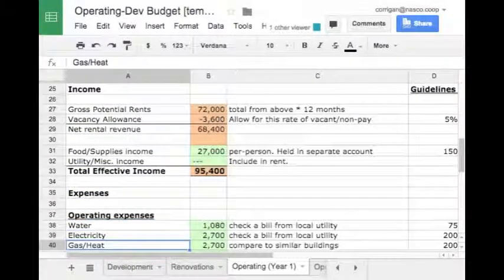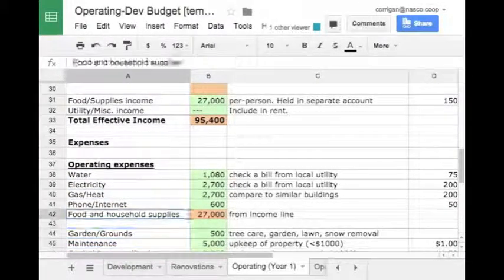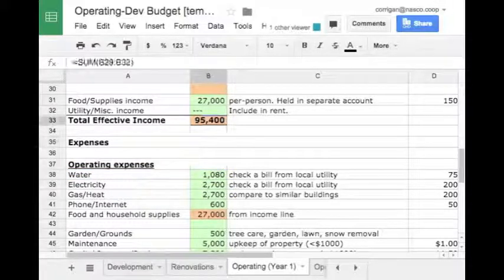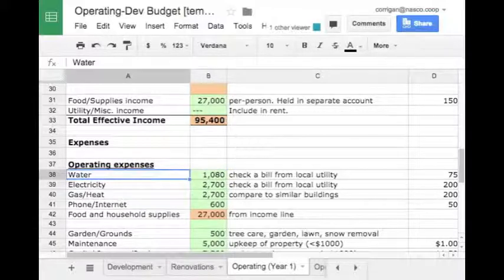Now looking at the expenses section, we want to include all of the utilities that are coming into the building. Again, this might balance out with a utility income. You could estimate that based on your estimated expenses. You might have something where you split it up so that it's going to exactly cancel out, but it should all be listed. Water and or sewage, depending how that's billed by your municipality.